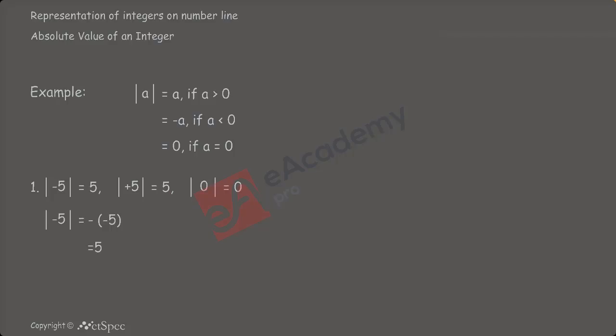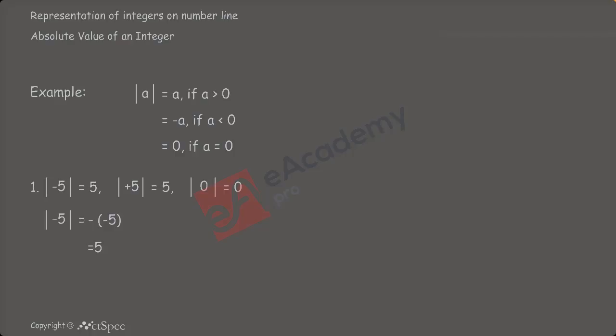Let us check for the absolute value of 0. The absolute value of 0 would be 0 itself, because 0 is neither positive nor negative.